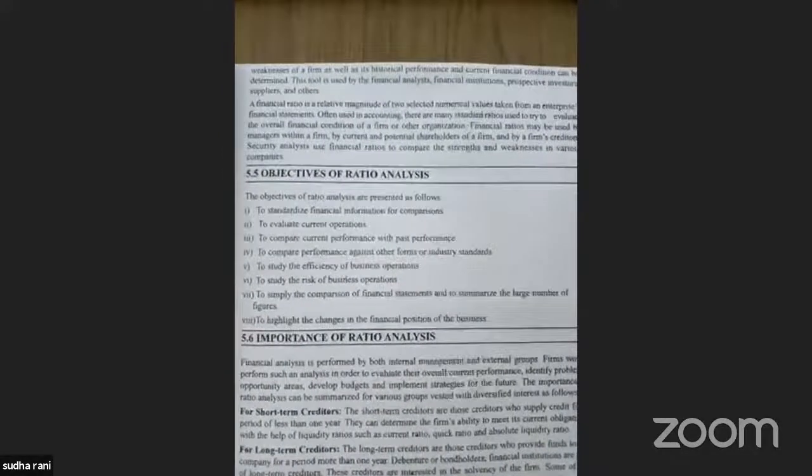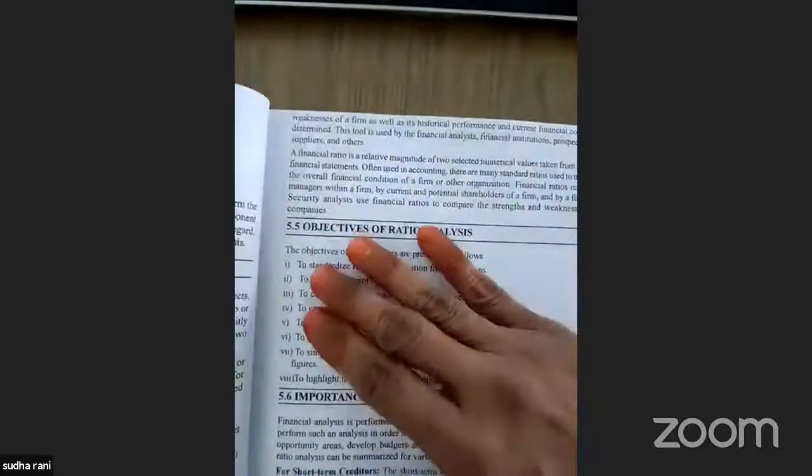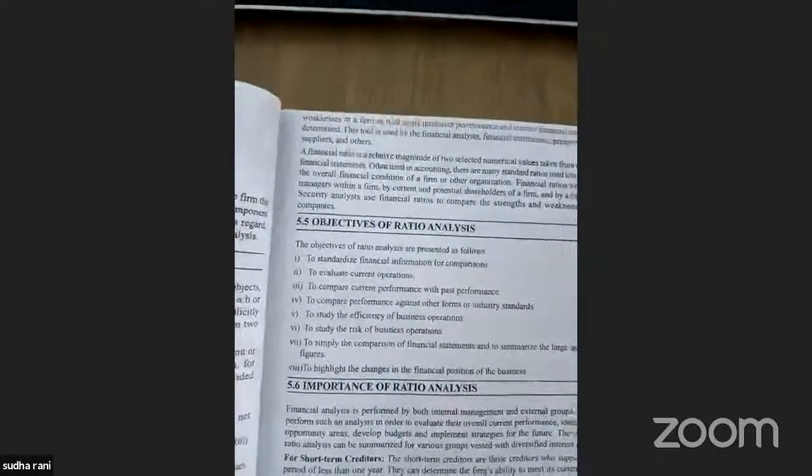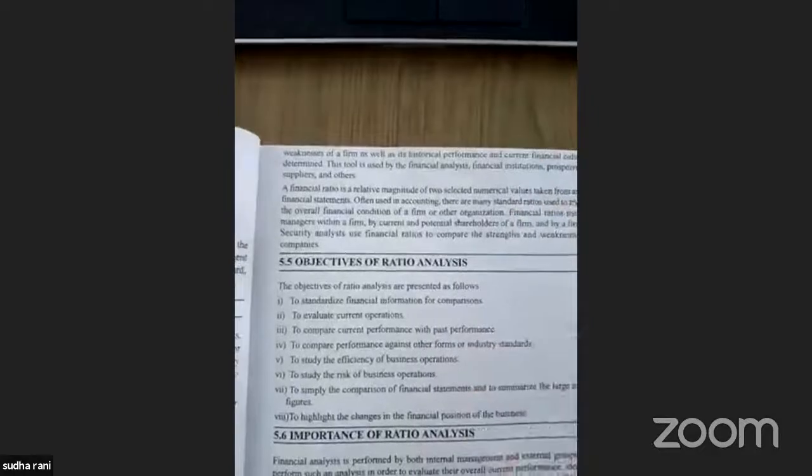Why? To interpret the financial statements information. Again, why interpret? In order to know the strengths and weaknesses of the firm as well as its past and current performance. When you implement it in a systematic manner, we call it ratio analysis.